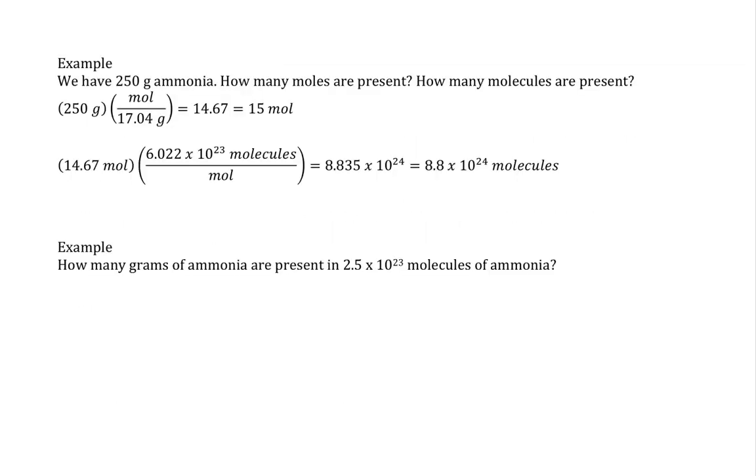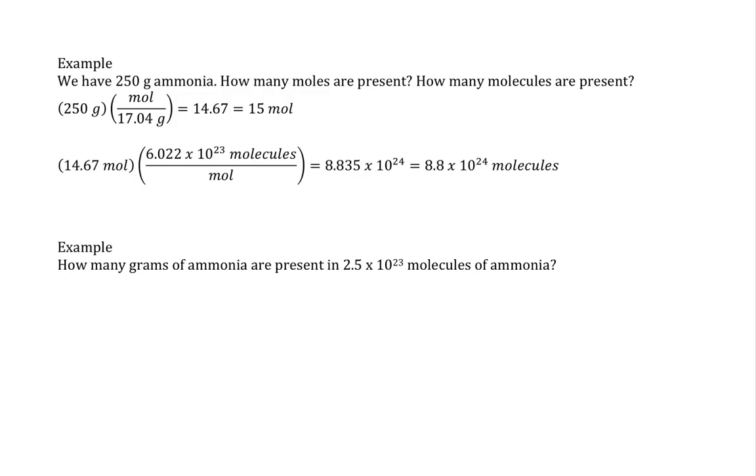Here's an example. We have 250 grams of NH3, ammonia. How many moles are present? How many molecules are present? In the example above, we would have calculated the molar mass of ammonia to be 17.04 grams per mole.